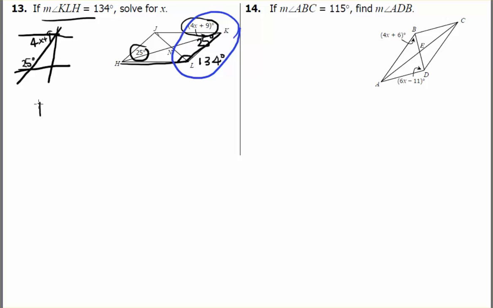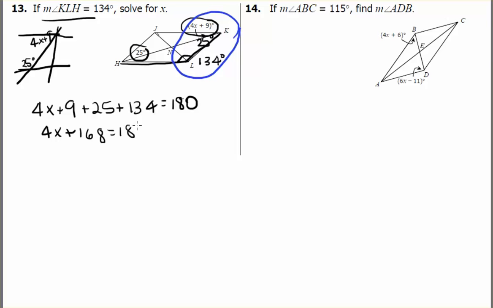So I'm going to say 4x plus 9, so that first little one, plus 25 plus 134 should equal 180. And then I'm going to combine my like terms. So I'm going to get 4x plus 168 equals 180.